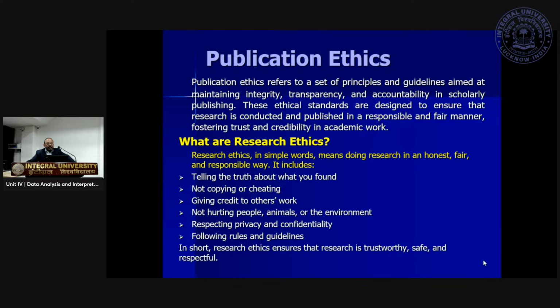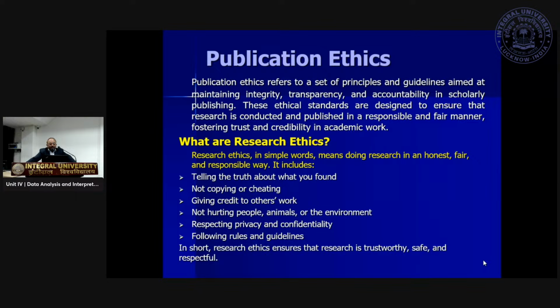These ethical standards are designed to ensure that research is conducted and published in a responsible and fair manner, fostering trust and credibility in academic work. So this is the basic definition of publication ethics. If you utilize all these guidelines, principles, and moral values in publishing your thesis and your research paper, it is said to be publication ethics.